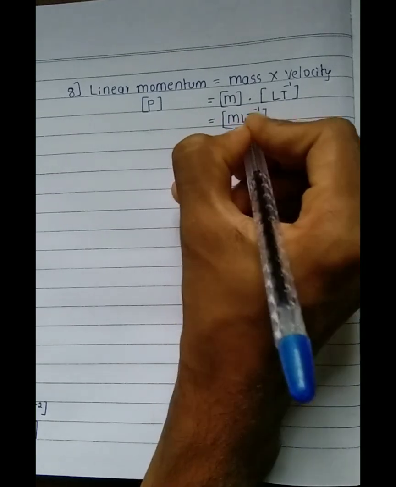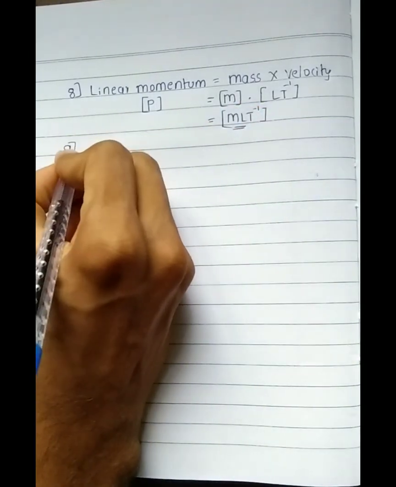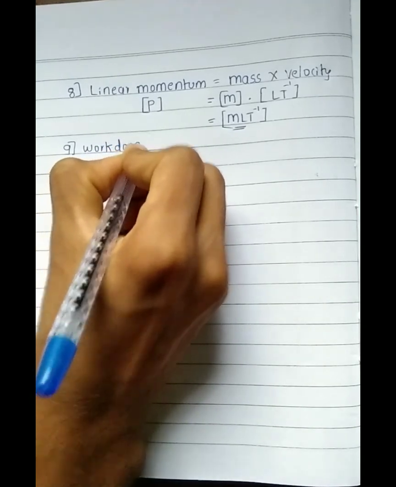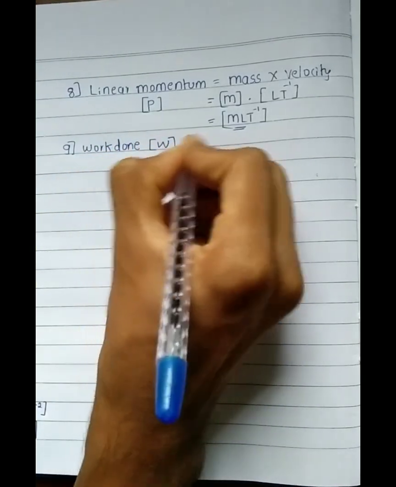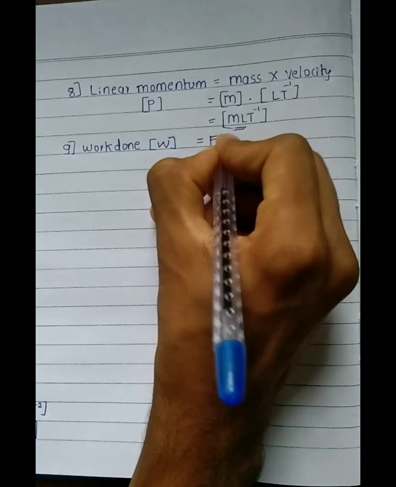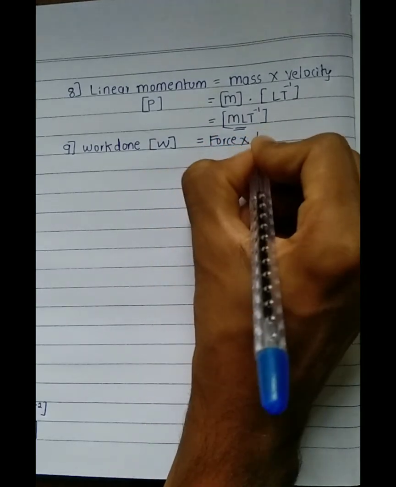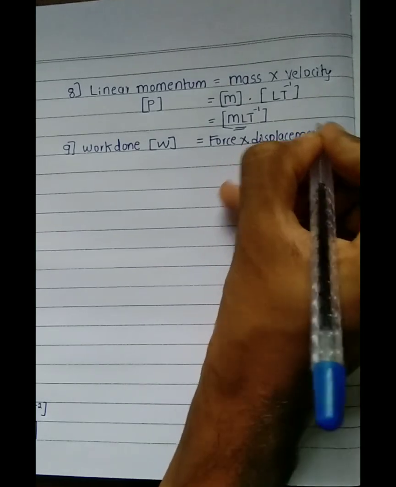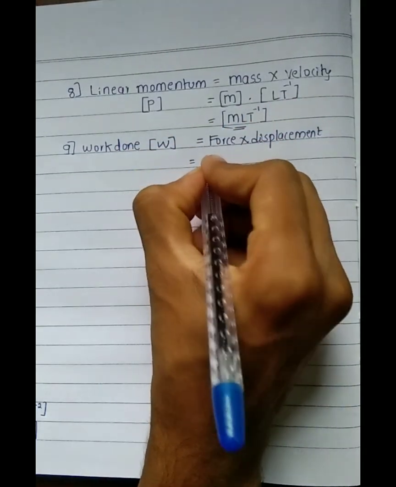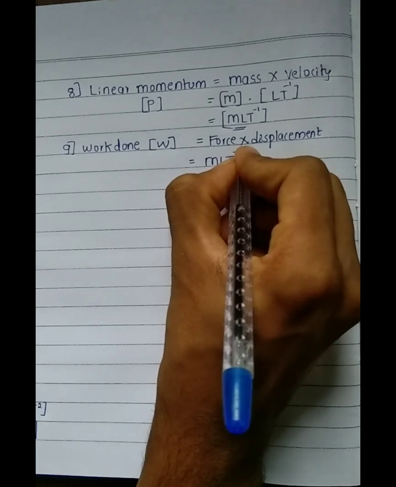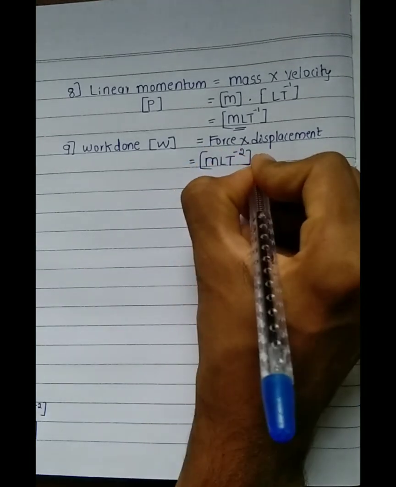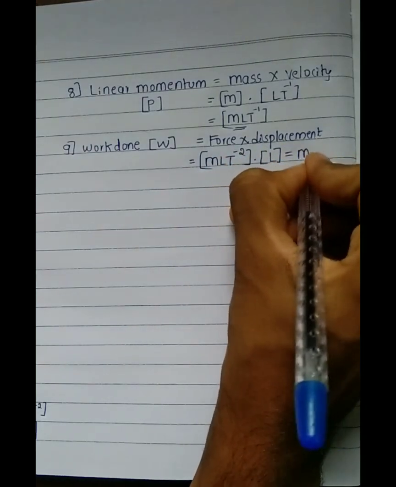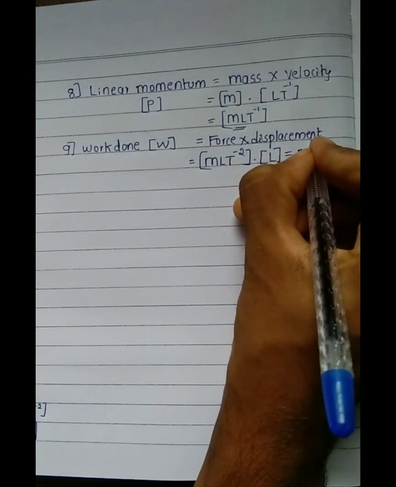Linear momentum is indicated by P. So ninth one, work done. Work done is represented by W. So W is equal to force into displacement. In the sixth one, we found force is M L T power minus 2, and displacement is L. So M L square T power minus 2.